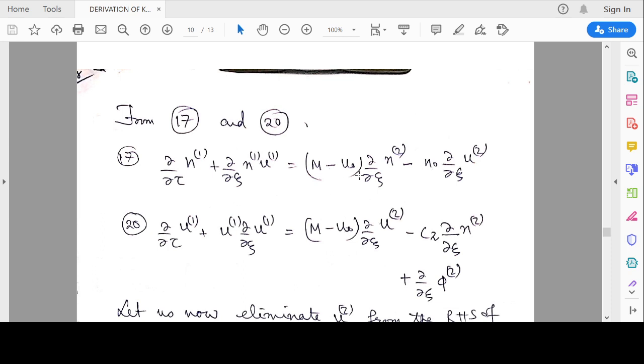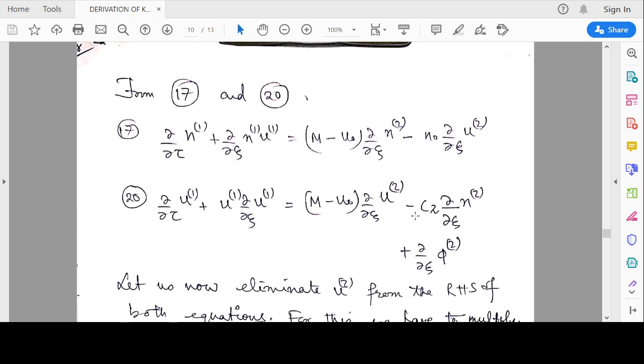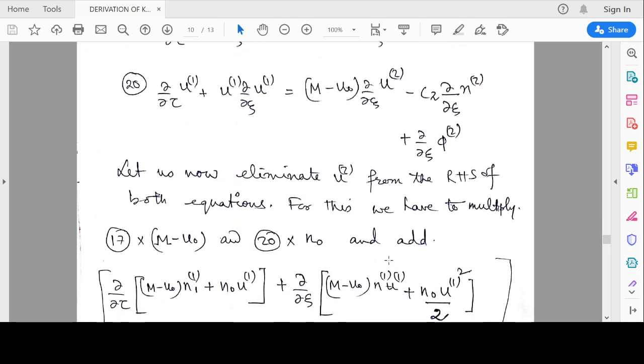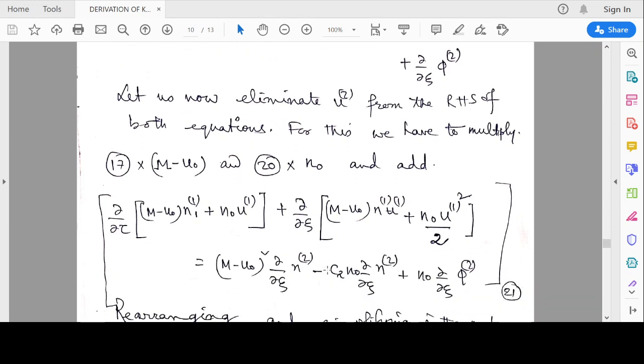So this term will be existing. First we have to just eliminate this u, because you have got that Poisson's equation in which you have got the density but not the velocity. So just eliminate the velocity, that will be better. You just eliminate the second order term from the right hand side and get this elimination process.